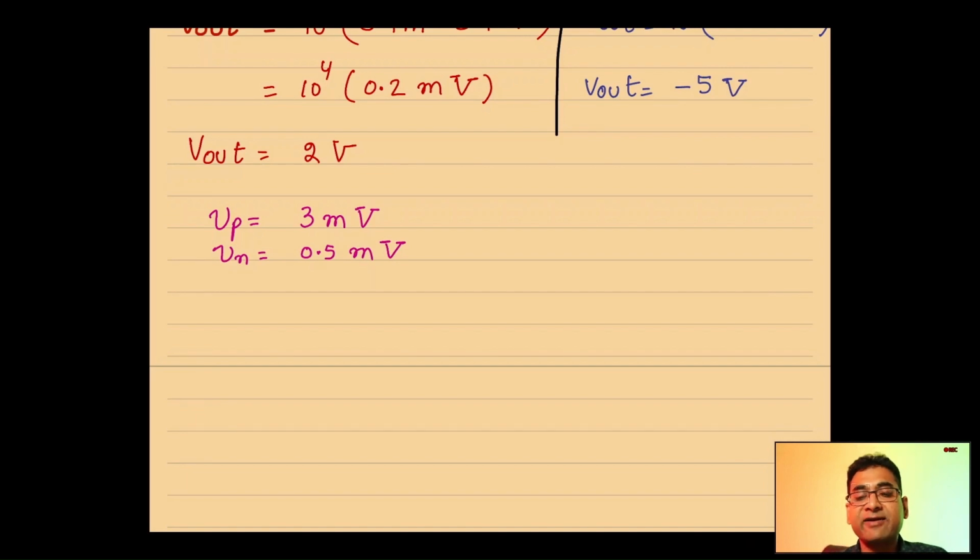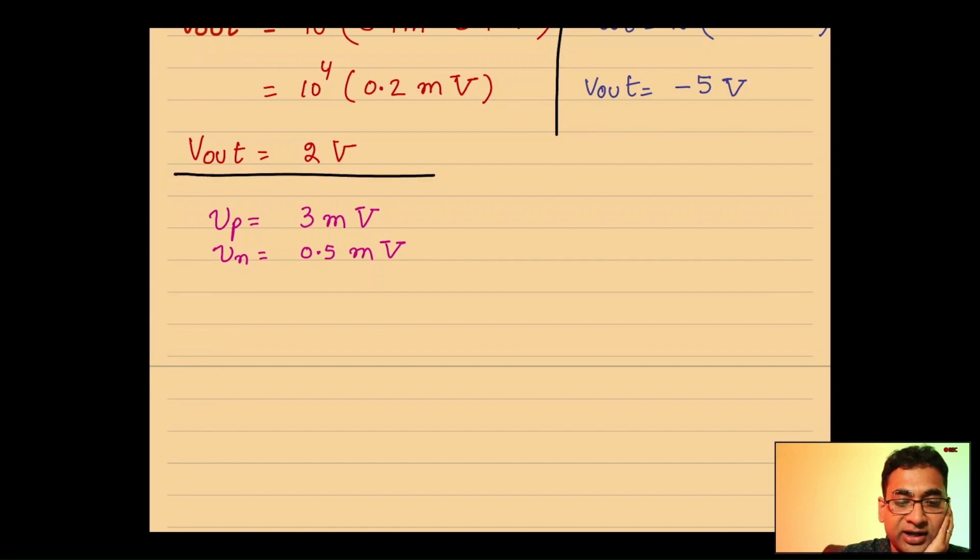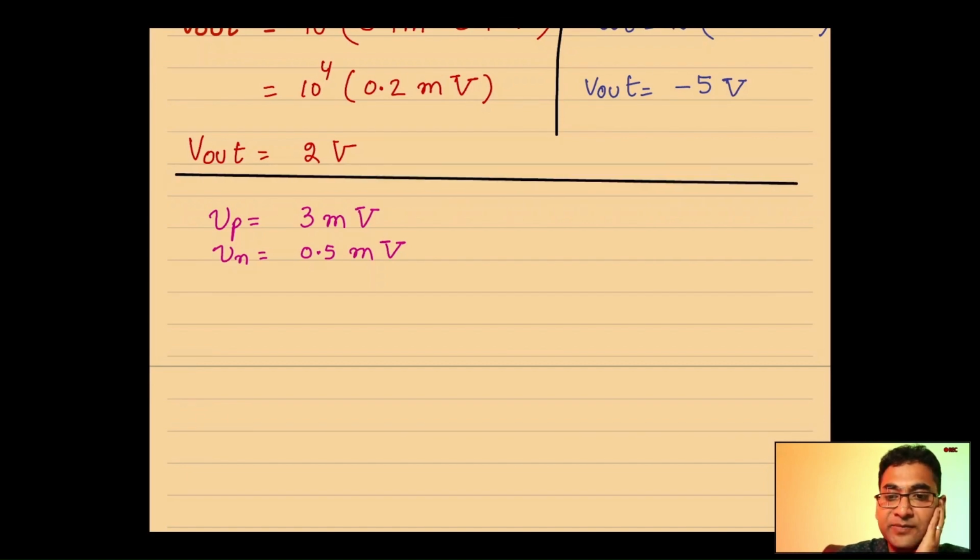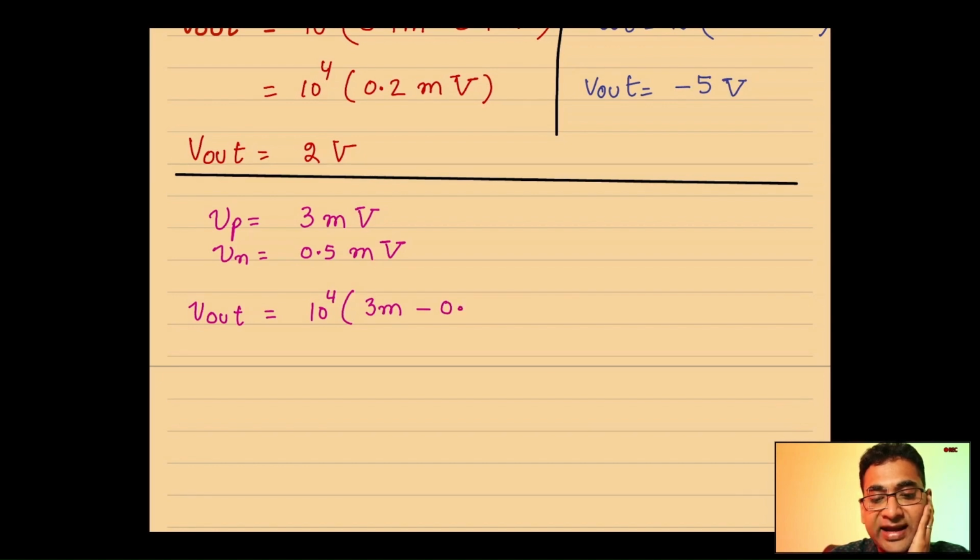We are picking values for Vp and Vn. Now, if we calculate V out in this scenario, V output equals 10 to the 4 times Vp minus Vn. So that's going to come out to be 10 to the 4 times 2.5 millivolts, 25 volts.